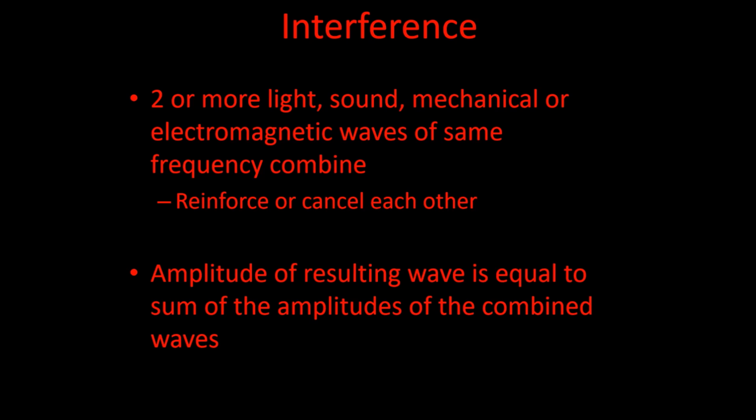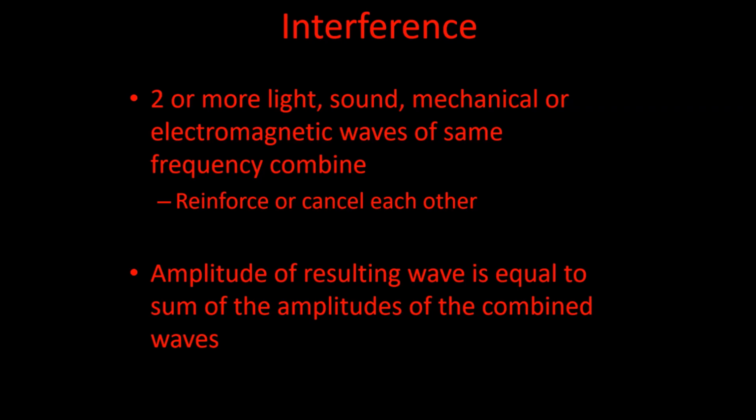Now this is exactly what we can do when we look at radio or any other electromagnetic wave, such as visible light. So if we take two or more electromagnetic waves of the same frequency, we can superpose them, we can combine them.